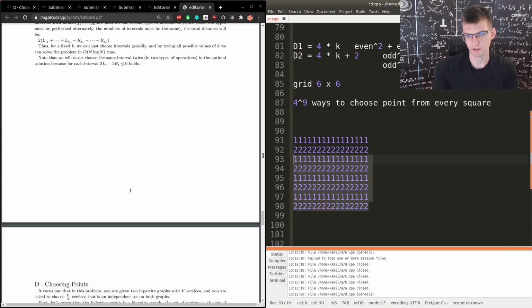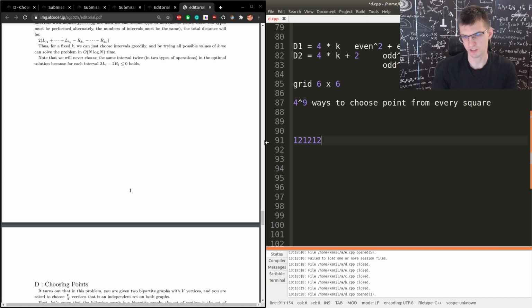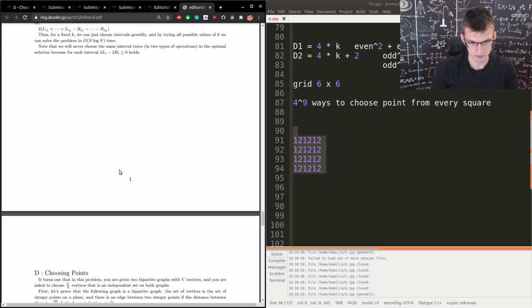If it's odd even, then I need to color it like a chessboard. And then again, we are fine. If it's even, then I have 4 independent components. I can divide by 2 and so on. They prove it.